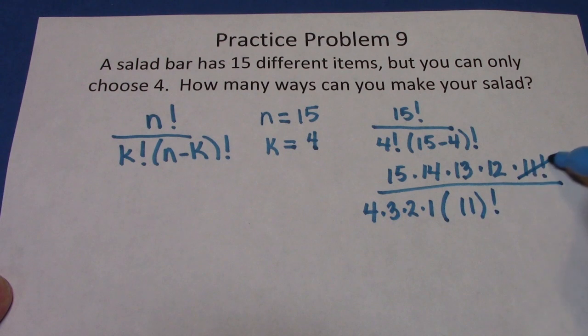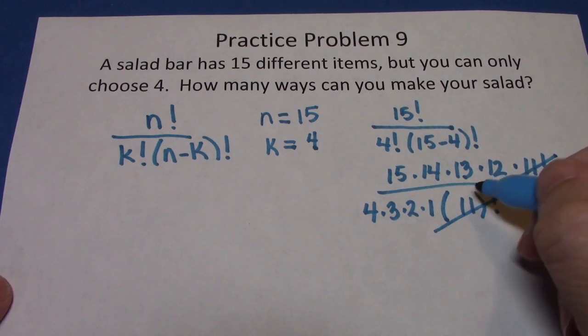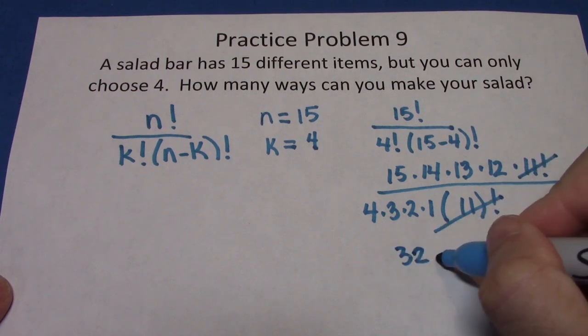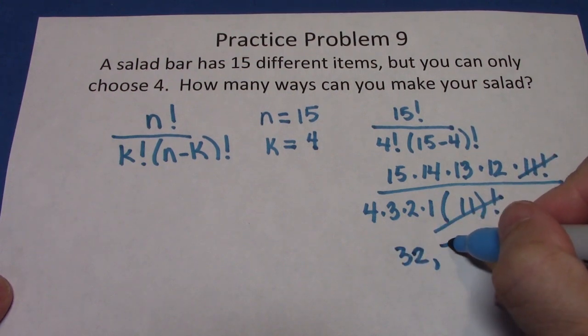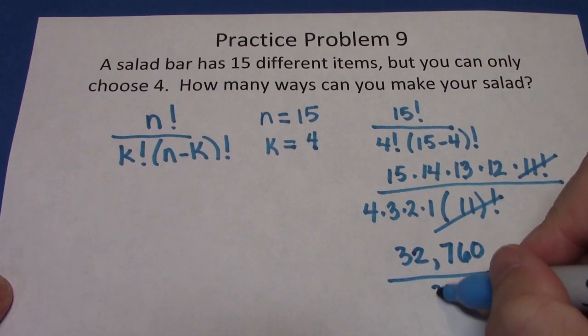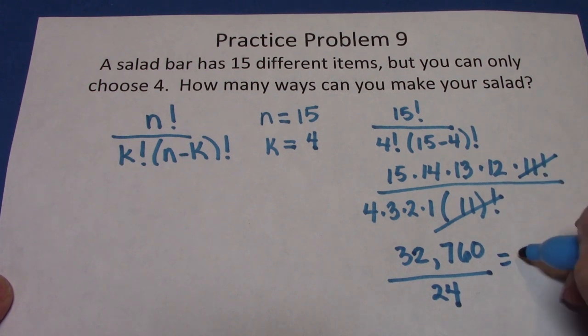So that's why I stopped there, so that we could factor out 11 factorial. When you do all this math out, on the top we get 32,760 divided by 24. And when you do that, you will get 1,365.